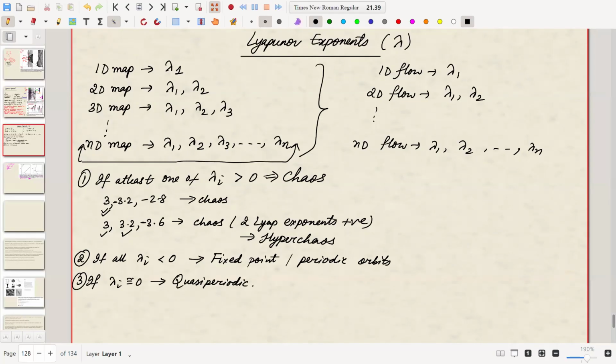So these are the characterizations you usually use to identify chaos, quasi-periodic orbits, and periodic orbits.